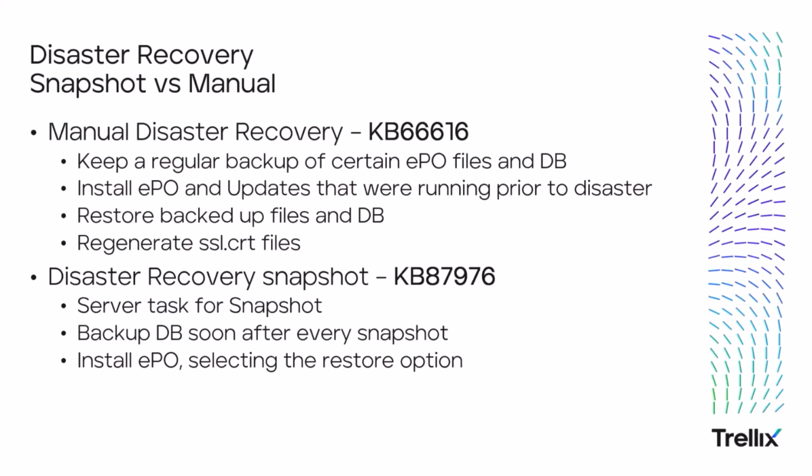And if a disaster strikes, you run your install of EPO onto the server you're wanting to restore to, choose the option to restore from a snapshot, point it to the SQL server that's got your existing database backup, and then it's going to do all those steps for you and automatically restore EPO back to the way it was before. So that's the short version of what disaster recovery does.